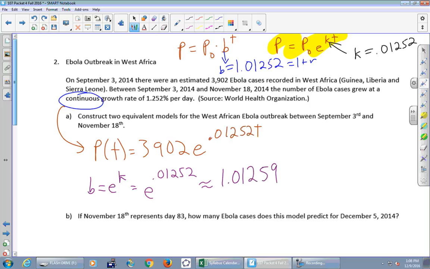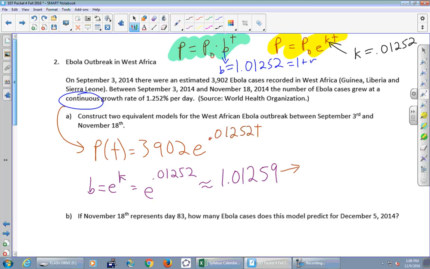Okay. So that's the value of B, which means we can then use the first formula, now highlighted in blue, and get an equivalent version of this.